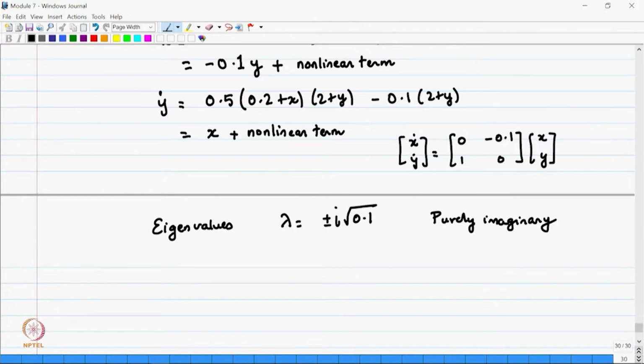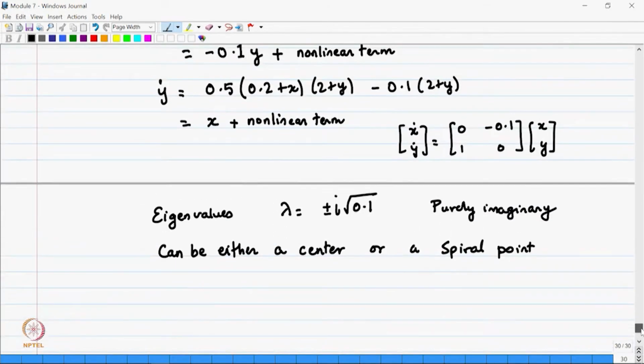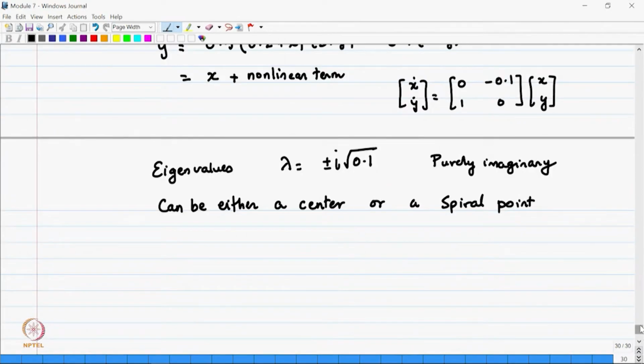And if it is purely imaginary, we know that it can be either a center or a spiral point. So this point is either a center or a spiral point, and whether it is a center or a spiral point, this is for the nonlinear equation.